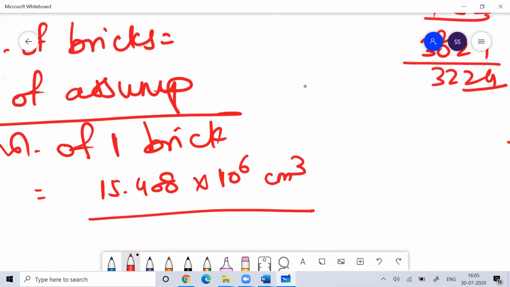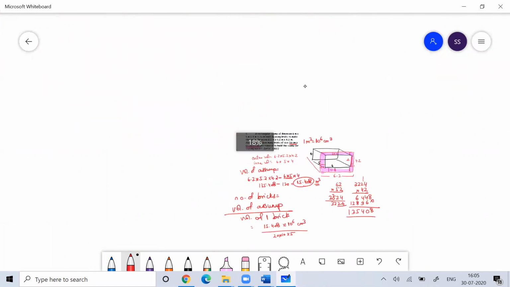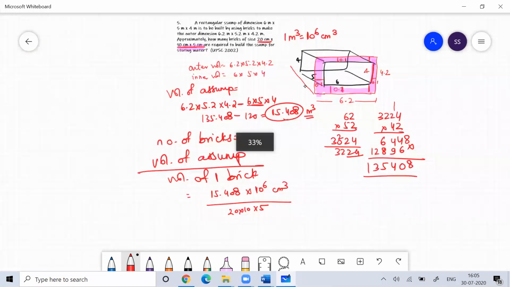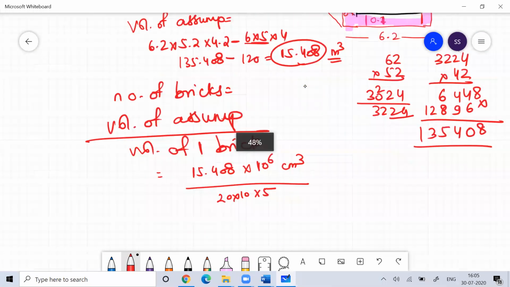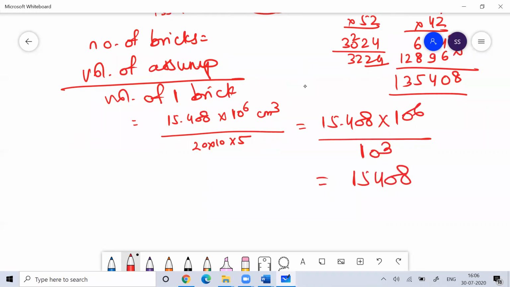So 20 into 5 is 100, then into 10, so this is 1000. So this is 15.408 into 10 to the power 6 divided by 10 to the power 3. This is 15408.